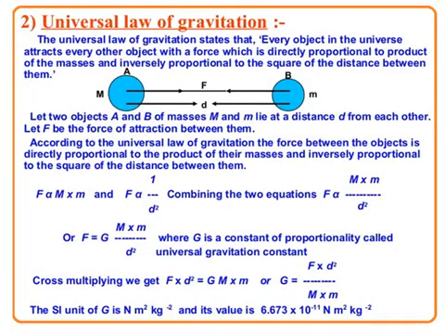So, if we take capital M and small m as their masses, then the product of their masses is capital M multiplied by small m. So F is directly proportional to M into m.